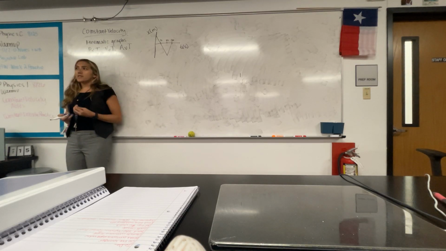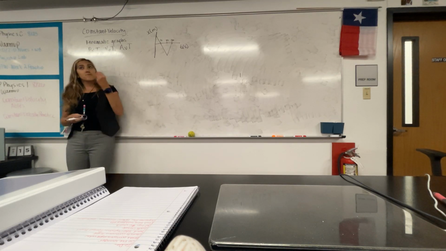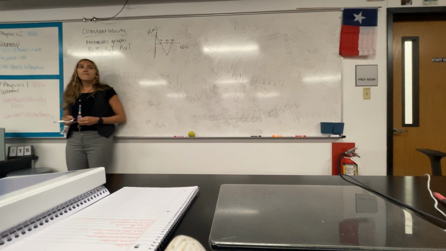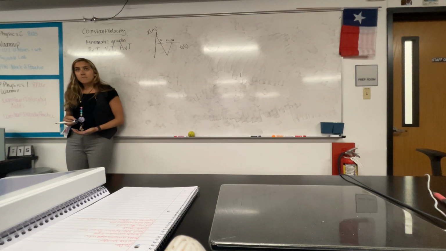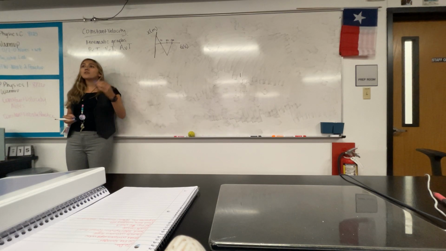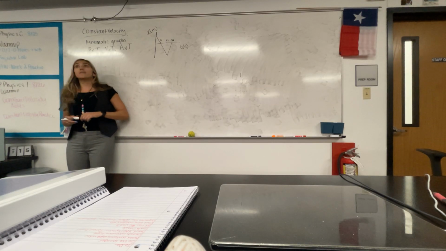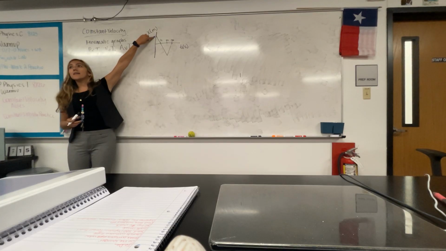So my first question that I'm going to ask somebody, and again, you don't have to get it right, is: where is this object located at 0 seconds? Where is it located? I'm looking for a positive or negative answer. Is it located in the positive direction or in the negative direction? Positive, right? At 0 seconds, it's located in the positive direction.